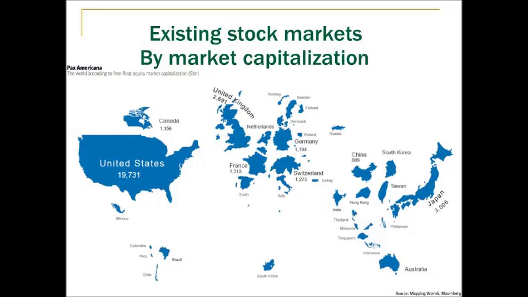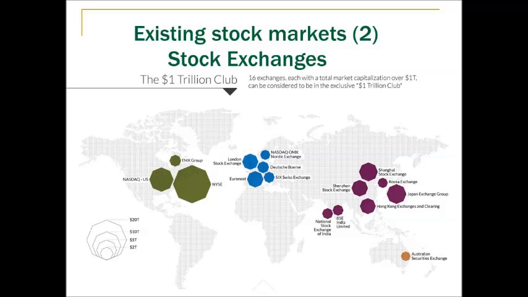So, we're talking of the large stock markets in the world, and definitely the United States is the first market in terms of market capitalization. And then we have several markets in Europe, and then we have Asia, Japan especially, and then China, South Korea, and Australia.